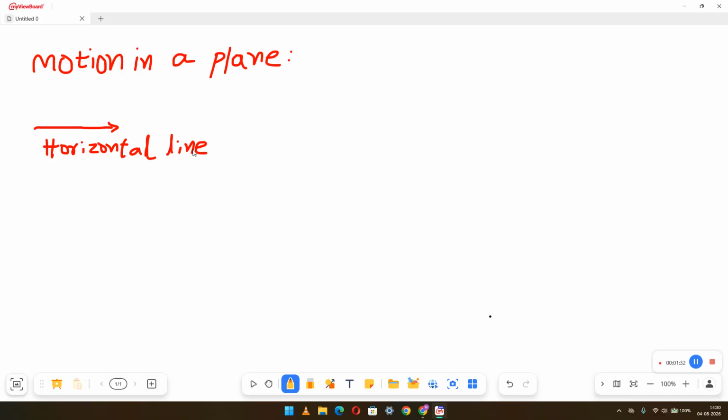A vehicle is moving on the floor. These are all examples of horizontal direction. Whatever the object may be, it displaces its position. This is horizontal direction. We generally call this the x-axis.